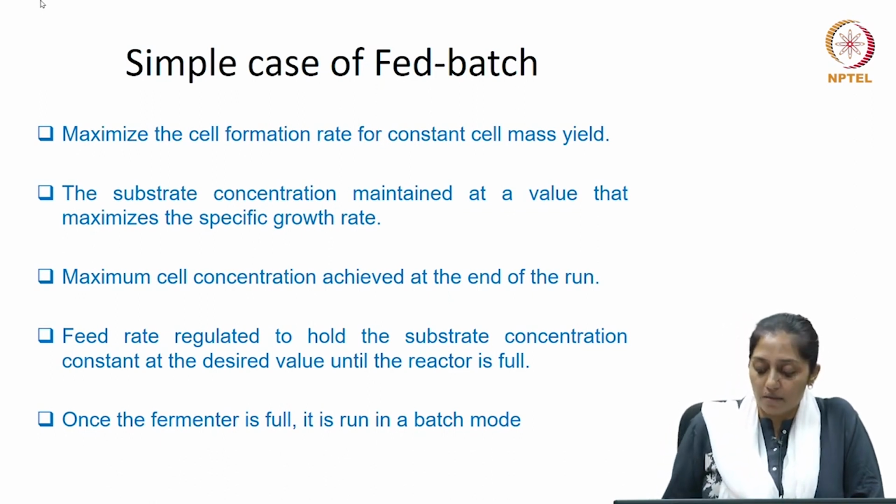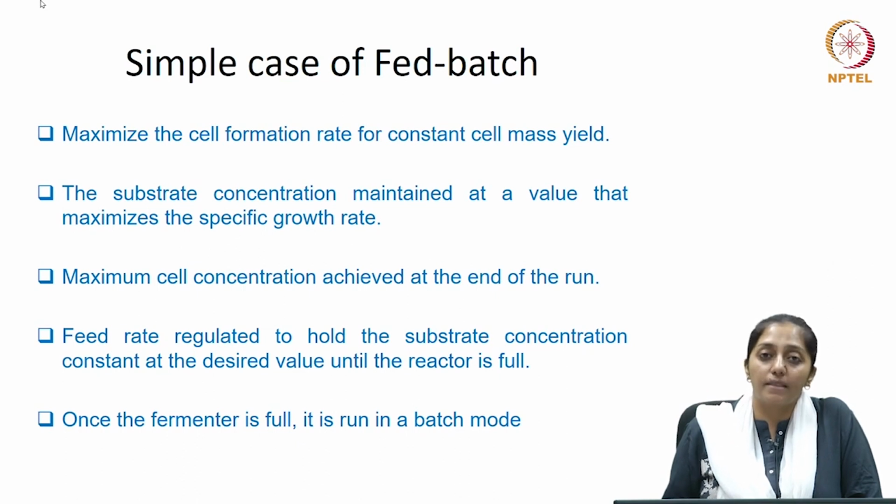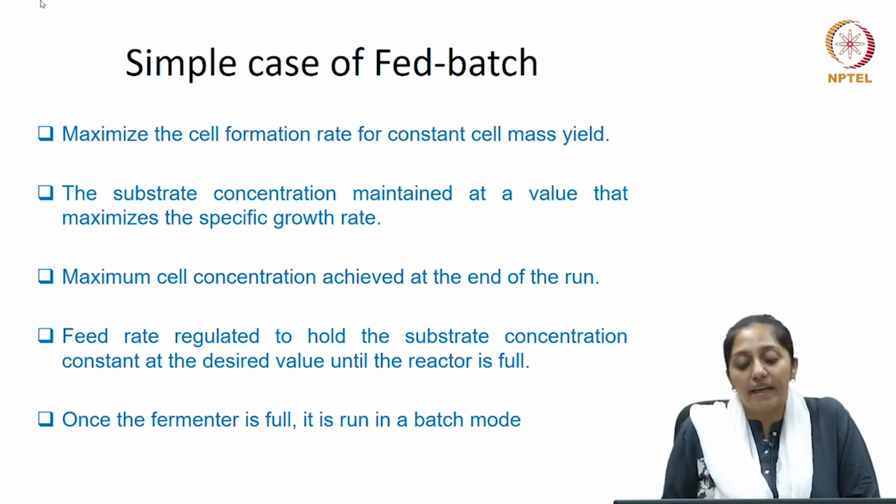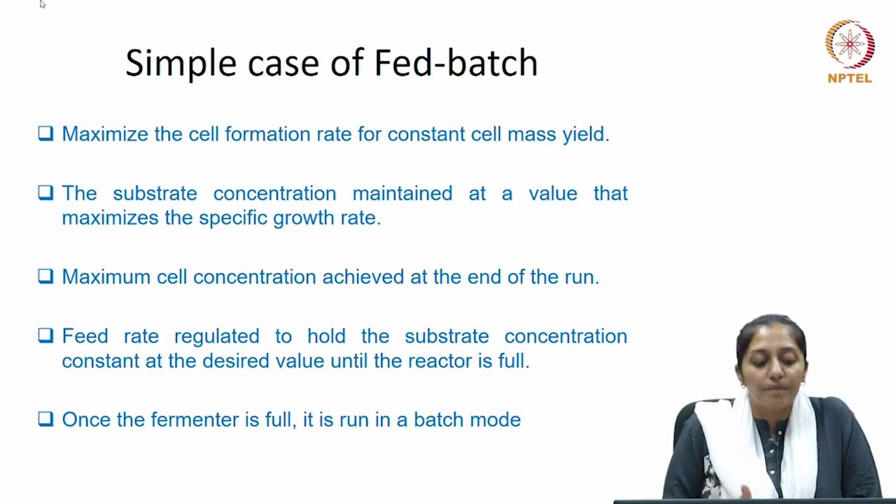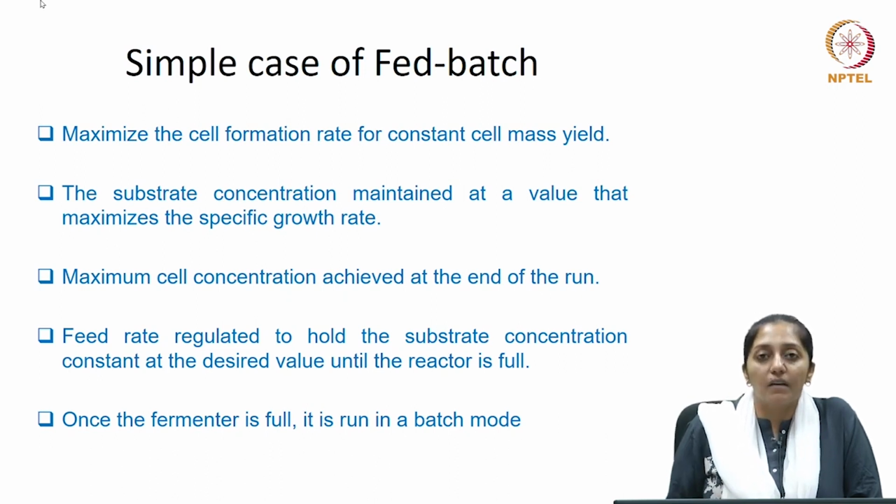Constant cell mass yield is your Y x by S. Maximizing cell mass concentration is your X. The substrate concentration is maintained at a value that maximizes the specific growth rate, which means that the substrate concentration is kept at a value where the specific growth rate is maximum. The maximum cell concentration can then be achieved at the end of the run.